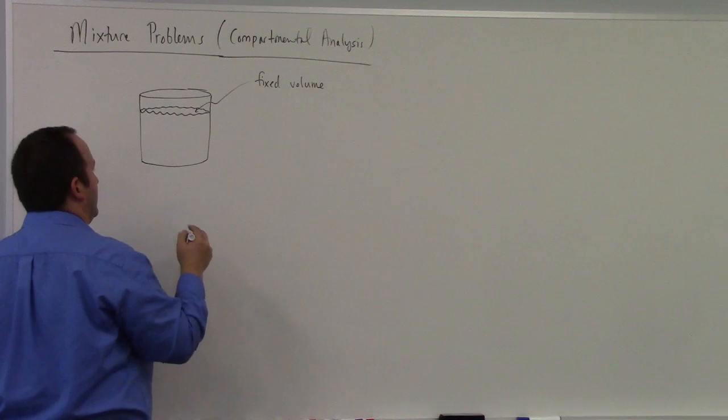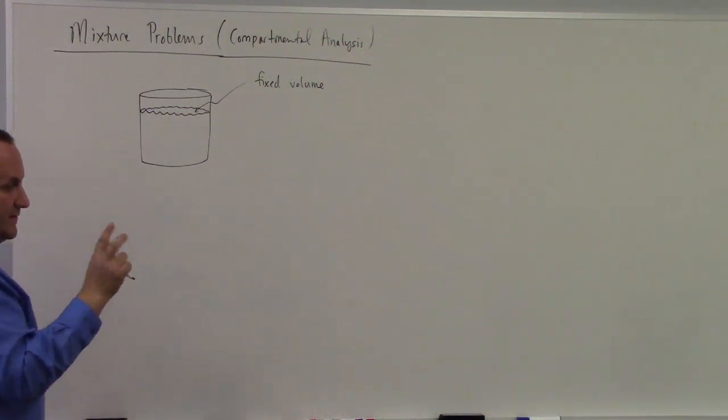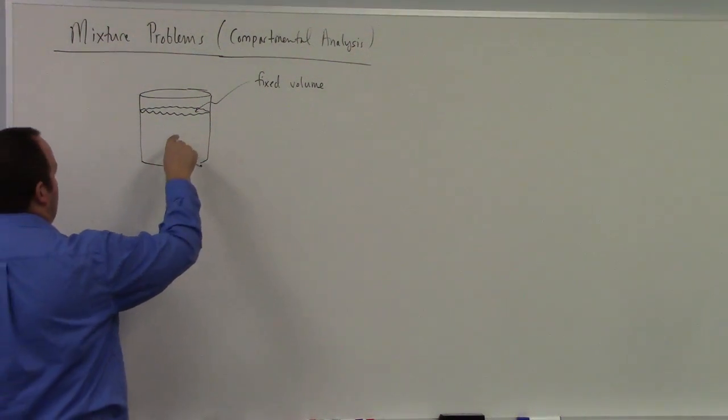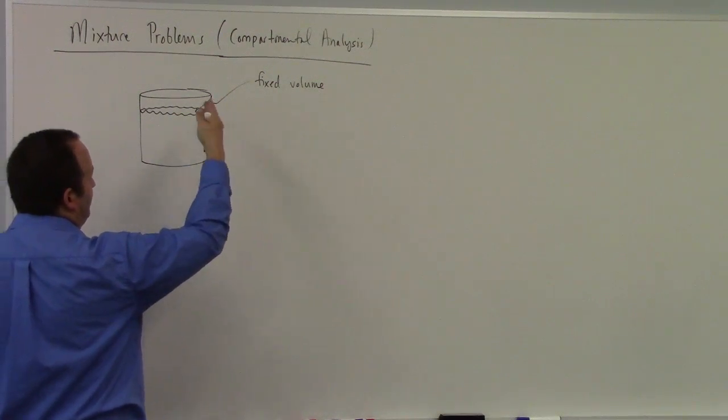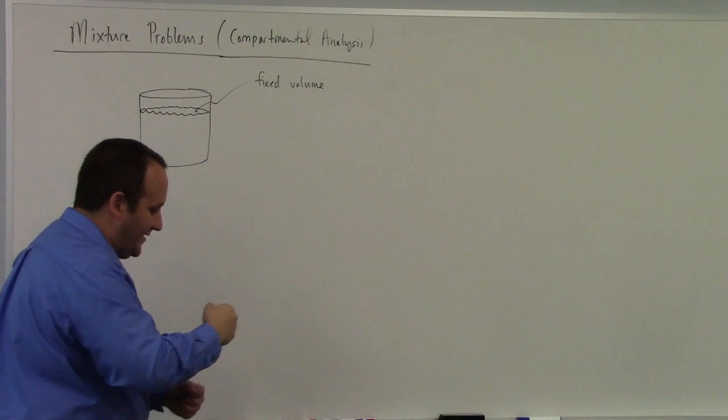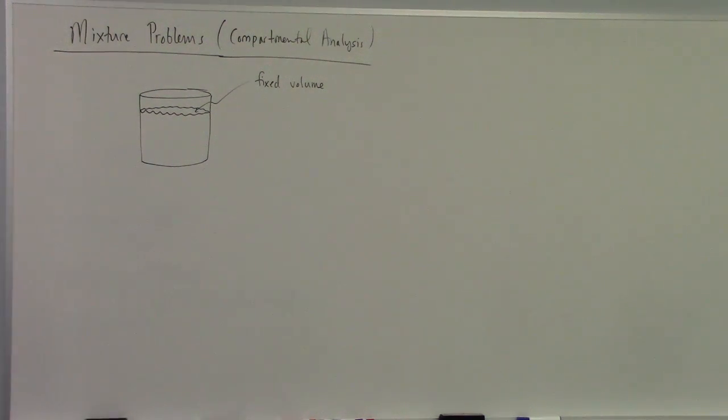And you also suppose that there's some kind of thing in it that mixes it. Maybe there's some giant with a big ladle stirring it. Whatever you want. Somehow it's being mixed, all right? Maybe there's a little fan in it that churns it.